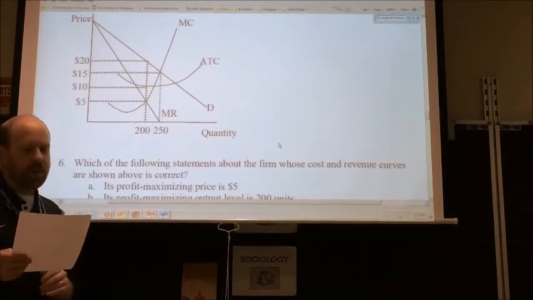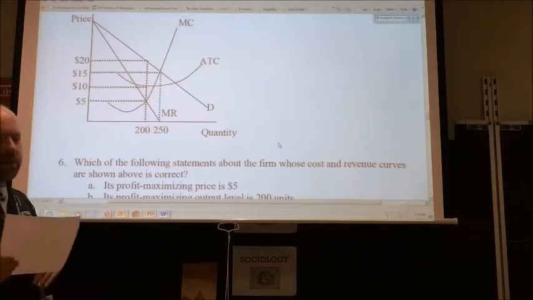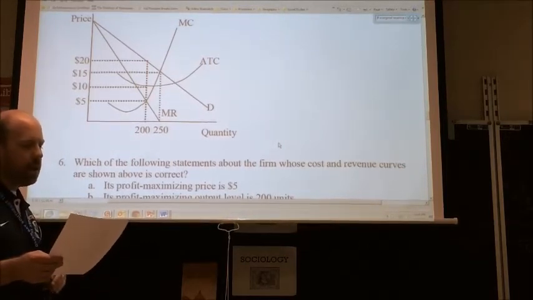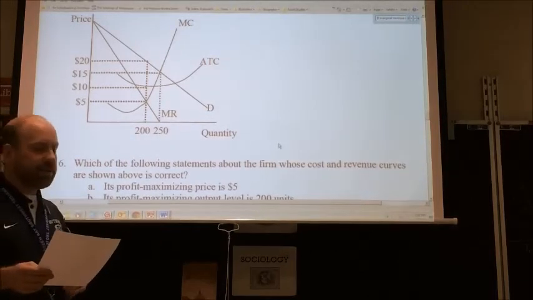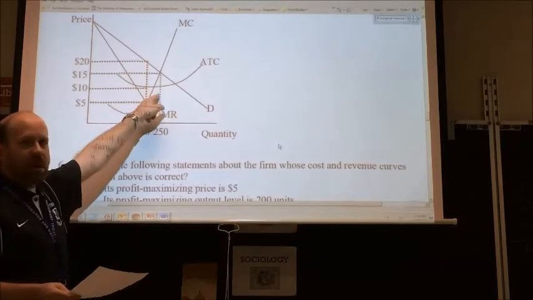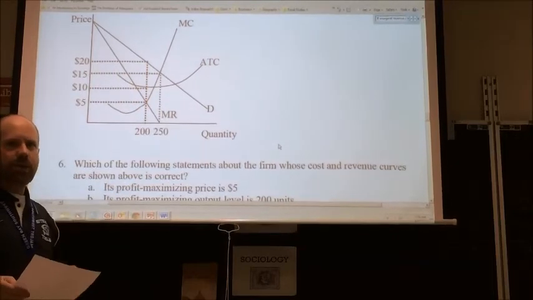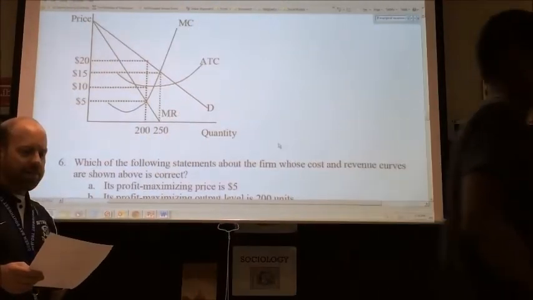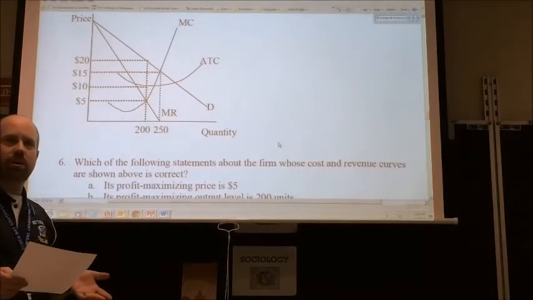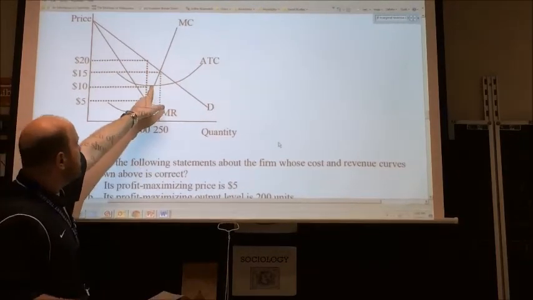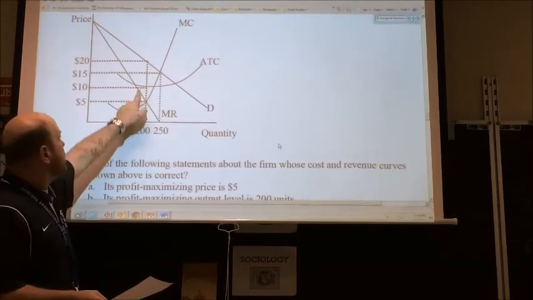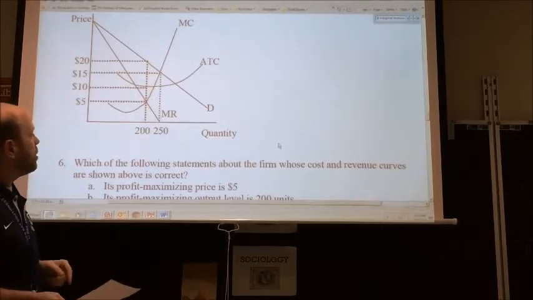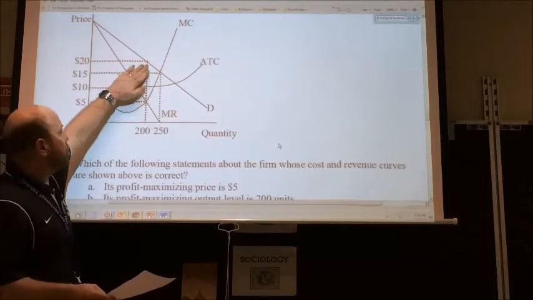D, if it produces 250 units, it will earn no economic profits. The problem, remember, economic profit is this. It's extra profit over and above your normal profit. As long as there's a distance between average total cost at this quantity and where your demand curve is at that quantity, there is profit.